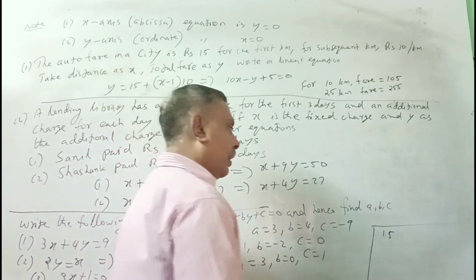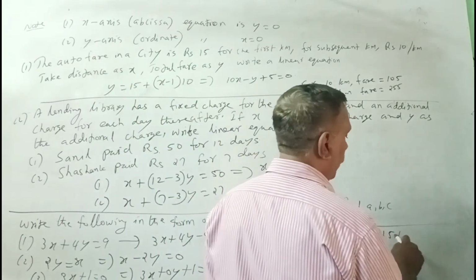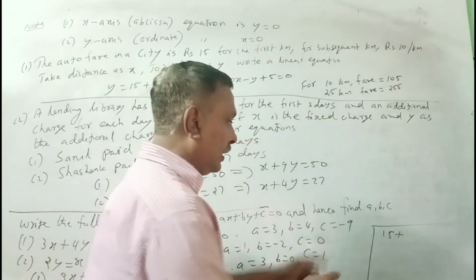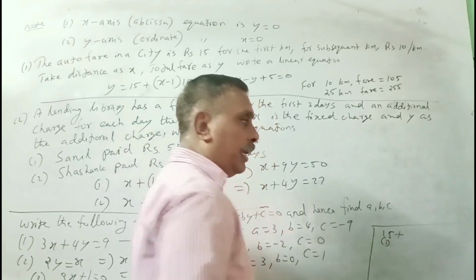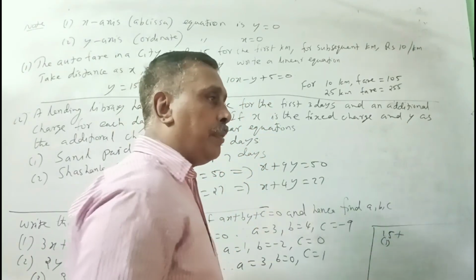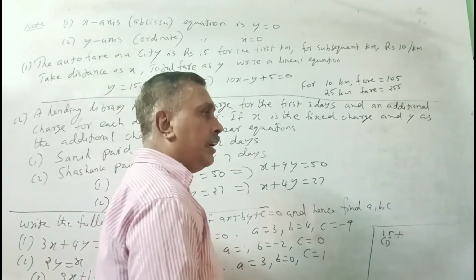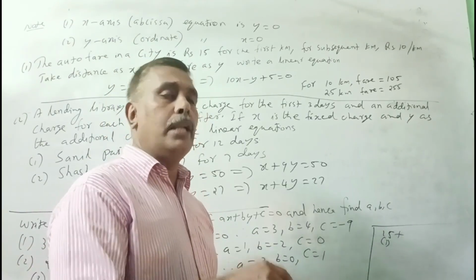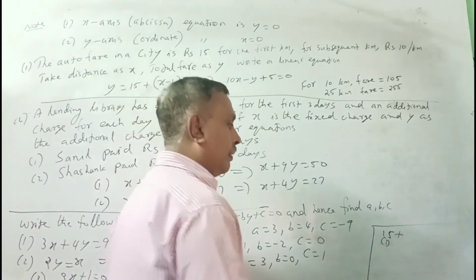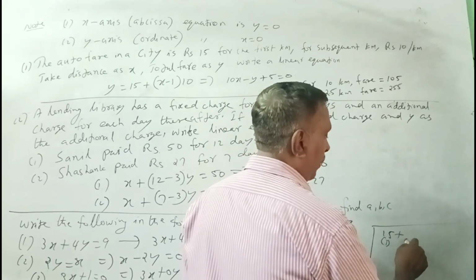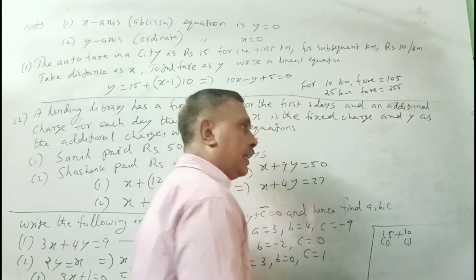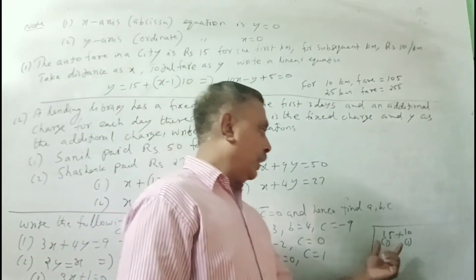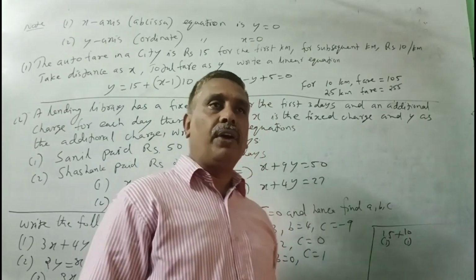Now if you are traveling more, second kilometer, this is for 1 kilometer. If you are traveling subsequent, means after that, each kilometer you have to pay 10 rupees for additional. Means suppose you are traveling 1 more kilometer, then you have to pay 10 more. Means for 2 kilometer you have to pay 25.